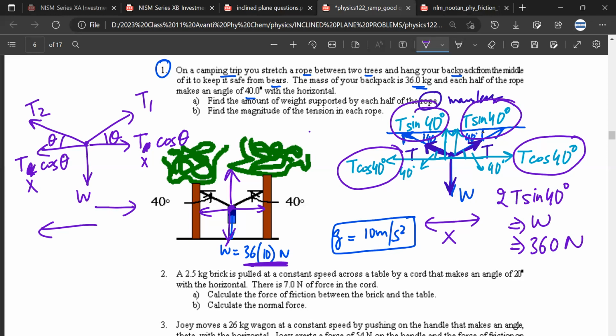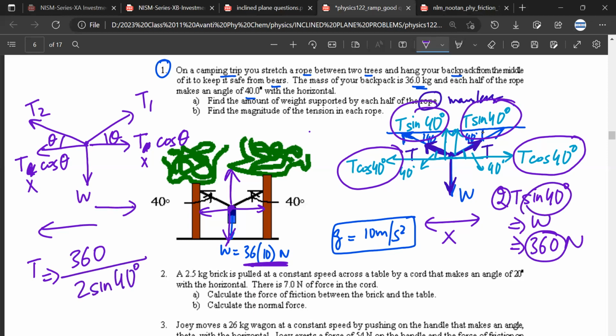So tension would be equal to 360 divided by 2 sine 40. So the answer of this part: amount of weight is equal to 360 Newton, and magnitude of tension would be equal to 180 divided by sine 40.